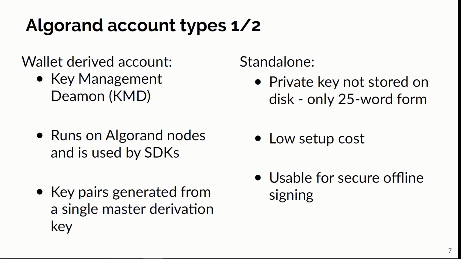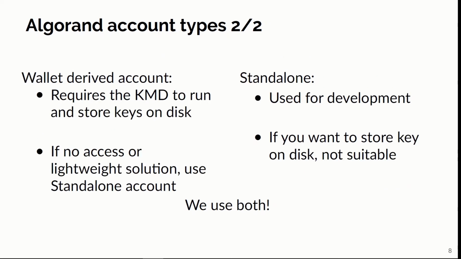So it is secure, and we heavily rely on wallet-derived accounts during development on the Algorand network. On the other hand, the standalone account is generated once, and it's very useful for offline signing.